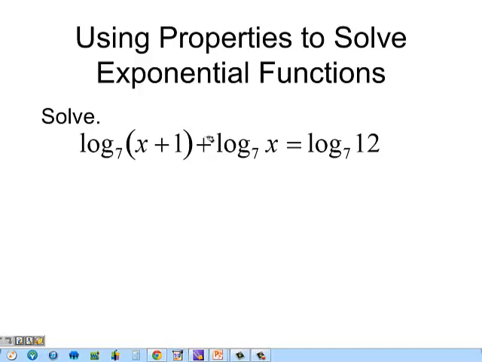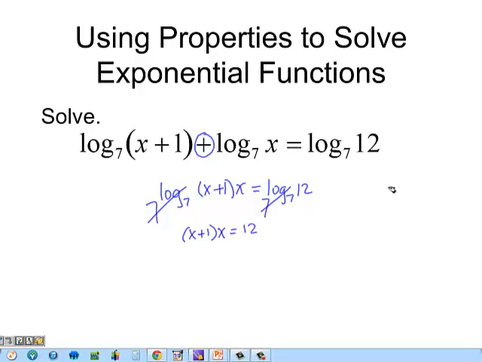So this is a sum. So that means I'm going to do a product. Now I have a log on both sides. I can do the antilog. And I get x plus 1 times x is equal to 12.